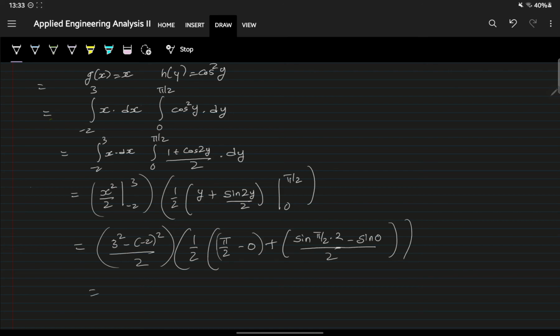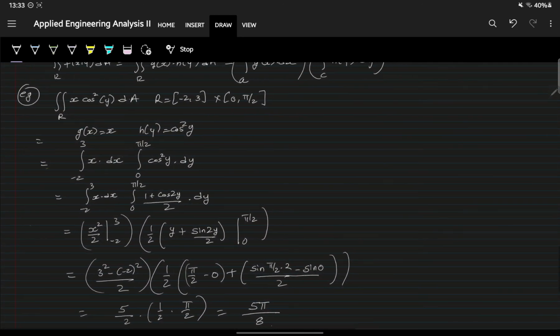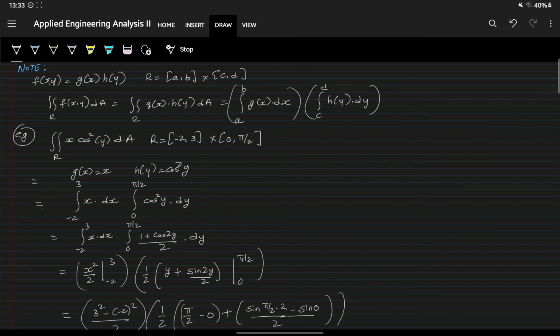Then we have 3 square 9 minus 4, 5 by 2, times pi by 4, and that becomes 5 pi by 8. Another method to solve: if we can break up the function into a function of only x times a function of only y, we can do it as two integrals individually and multiply the product together. So I hope this helps, and thank you.